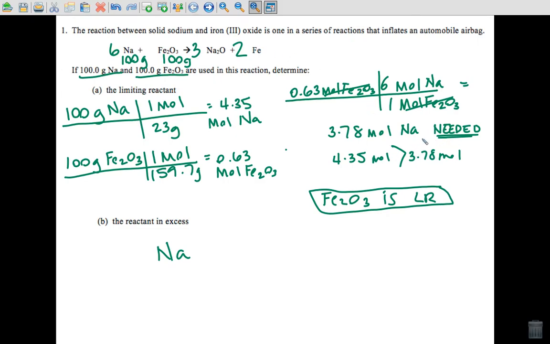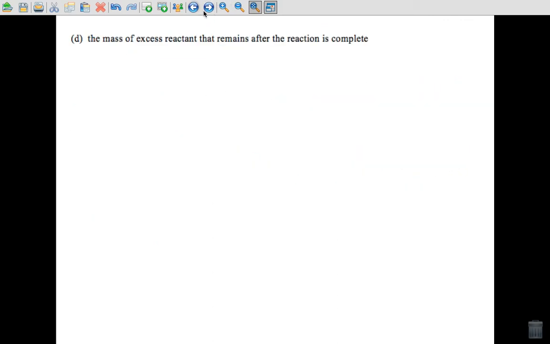So what I see here is, in this starting problem, I figured out how many moles I had and how many moles I needed. And when you did that for the excess, it makes this problem a little bit easier, because I can just take how many moles of Na I had to begin with and subtract how many moles I needed, or you can think of it as how many moles I used up.